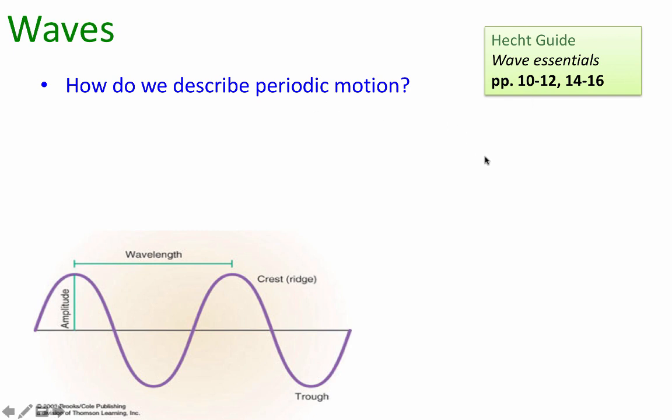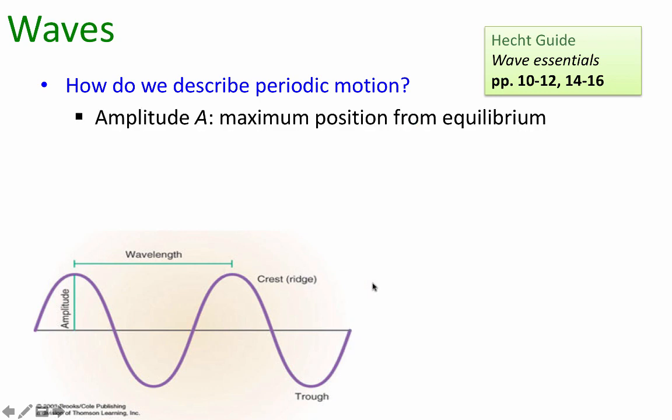All right, how do we describe periodic motion? Well, we usually draw a picture like this, and that kind of a wave, we might draw it versus time, or we might draw it versus position. This one's drawn versus position because we're also specifying the thing we call the wavelength. So we've got a set of variables.